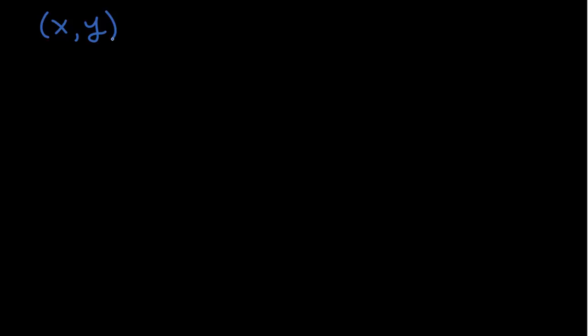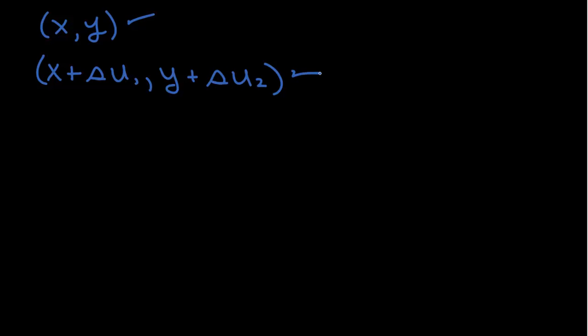So let me go a little further and do this. I've got this other point, x plus s u1 and y plus s u2. Now remember, the distance from (x, y) to this point is s, because we're dealing with the unit vector. So let's talk about the tangent up there. Now remember, we've got this surface defined this way. You give me an x, you give me a y, and I'll give you a point on the surface.